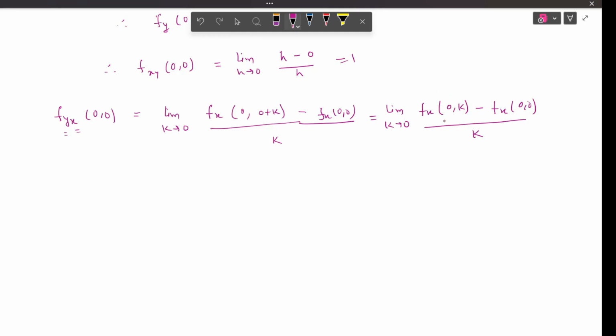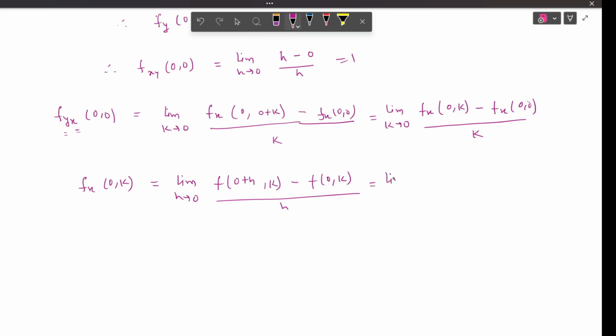Now we need this value f_x(0,k). So let's find out f_x(0,k). It would be the limit as h tends to 0 of [f(0+h,k) minus f(0,k)] upon h.